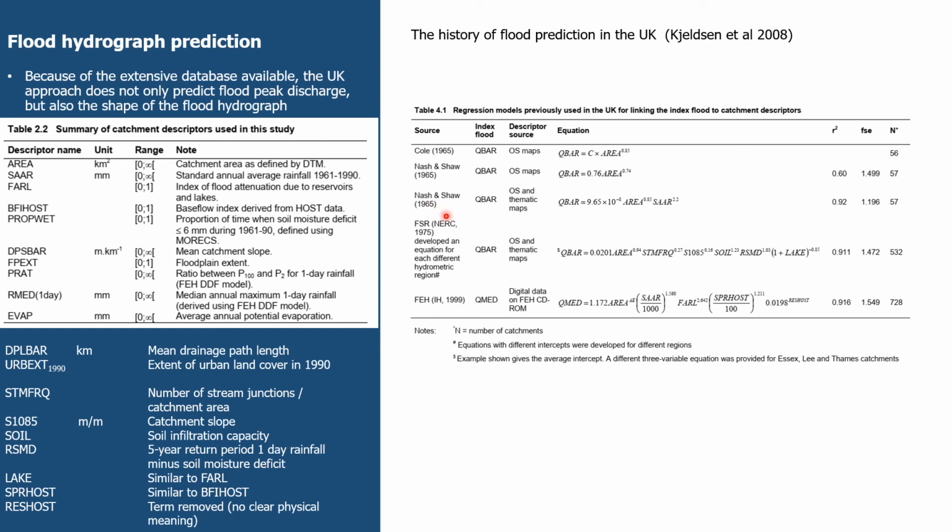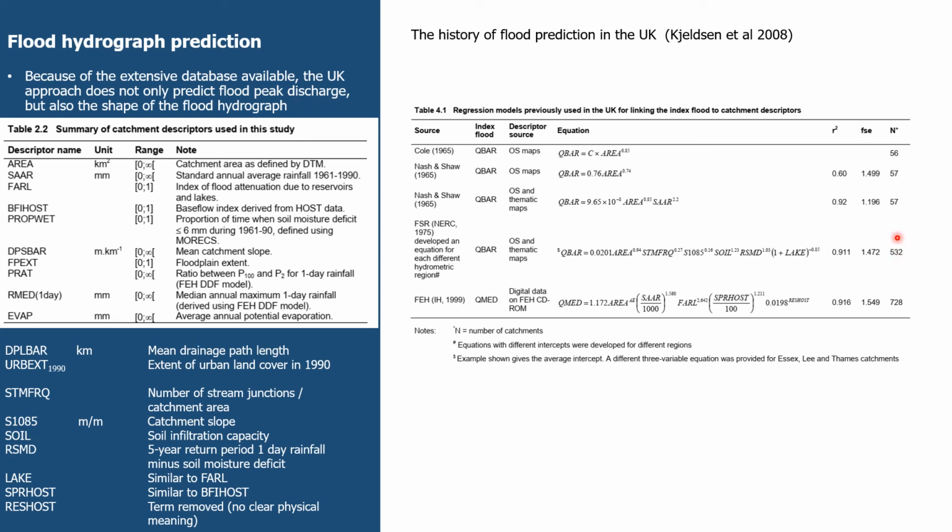In 1975, the first flood studies report was produced, which was again predicting the mean annual flood and doing that based upon some additional parameters: catchment area, the drainage density, stream frequency in the catchment, the slope of the river as a whole, a soil infiltration capacity term, a term that is based on the rainfall minus the soil moisture deficit, and an estimate of the amount of lake and reservoir storage in the catchment.